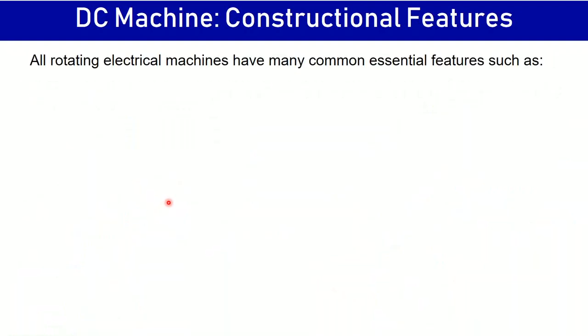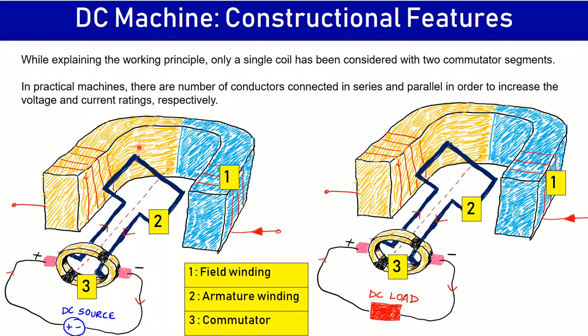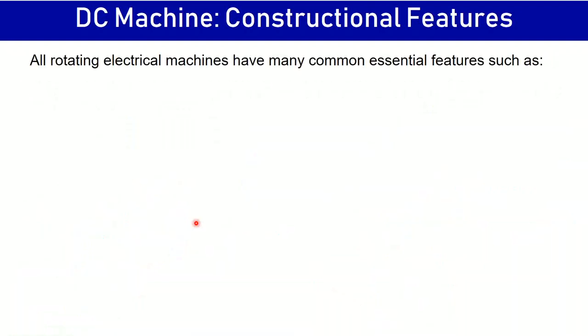Coming to the constructional features, all rotating machines have many common essential features, such as a stationary member which is known as a stator. Like we saw here, this magnet, this field winding, and the brushes are all stationary, so they form part of the stator.